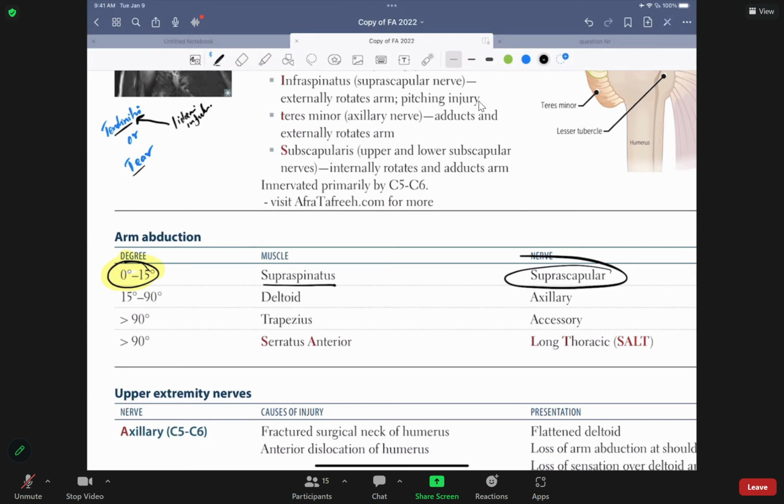Okay, because when I say abduction, the first thing everybody thinks is axillary and deltoid, isn't it, folks? Everybody thinks that, but you have to be very careful. The first 15 degrees is supraspinatus and suprascapular nerve. Is everybody clear? After 15 degrees, whatever I do is deltoid, which is innervated by the axillary nerve, folks.